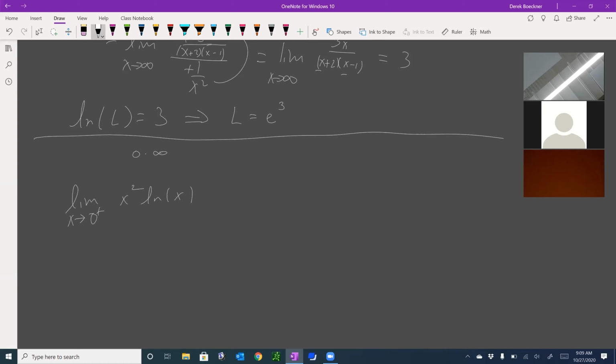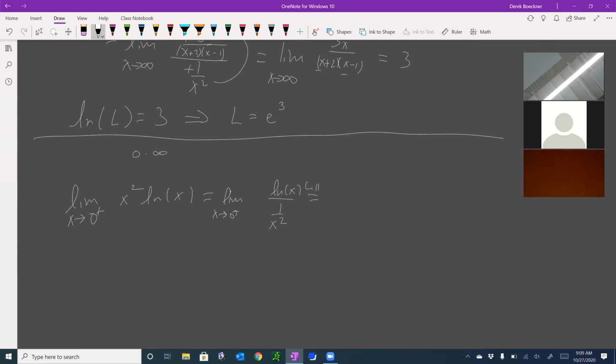Okay. So we rewrite that by making it look like either infinity over infinity or 0 over 0. I don't want to put a natural log in the denominator particularly before I take a derivative, so I'm going to keep that one up top. You get ln of x over 1 over x squared.